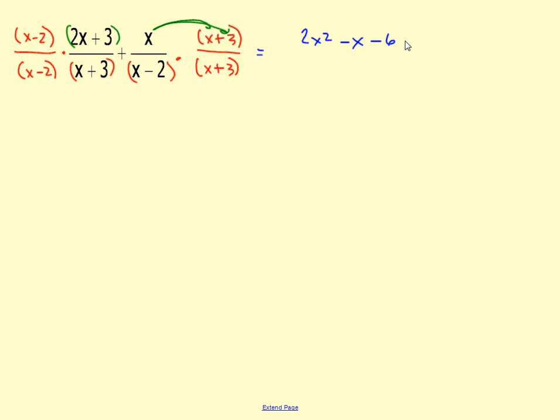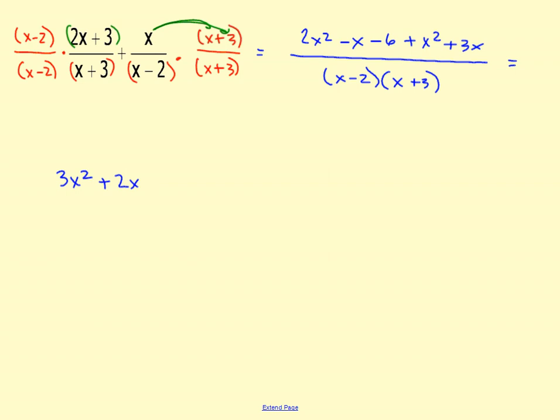Now when I distribute the x, I get plus x squared plus 3x over my common denominator, which is x minus 2 times x plus 3. Combined all of my like terms, so this is equal to 3x squared plus 2x minus 6 over my common denominator of x minus 2 times x plus 3.